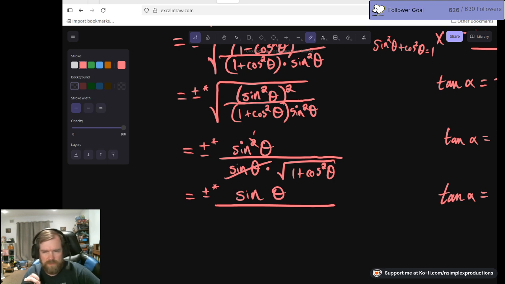So what we should be getting is just 1 plus cosine theta in the denominator.